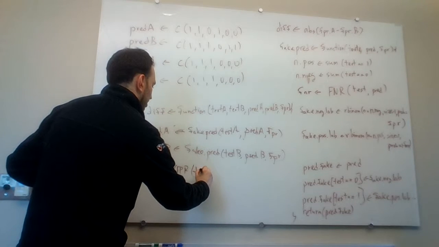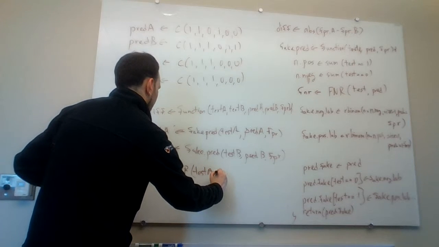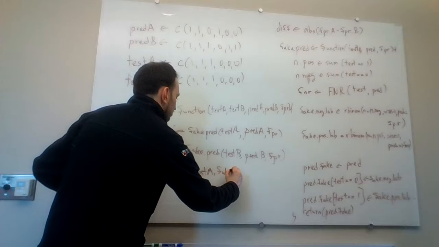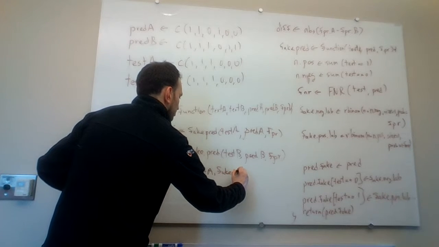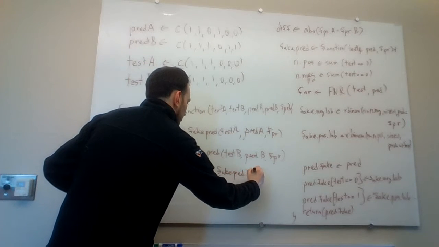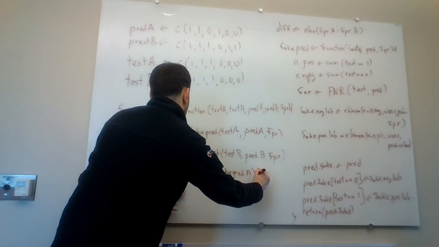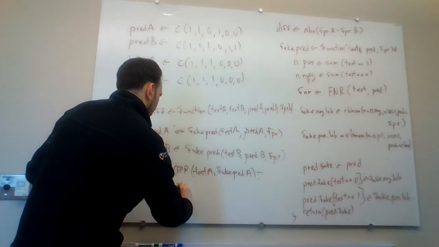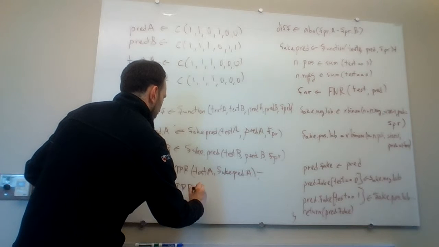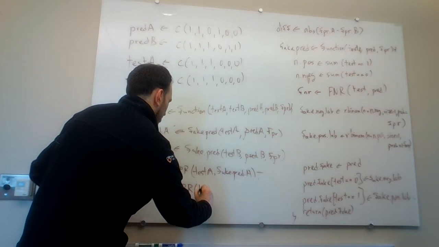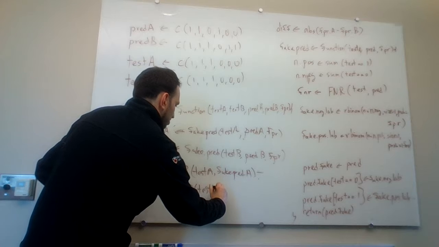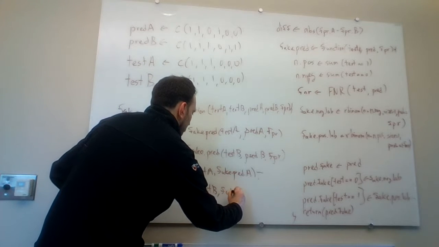So here we're going to give test A and fake pred A, and we're going to subtract the FPR that is obtained using test B and fake pred B.